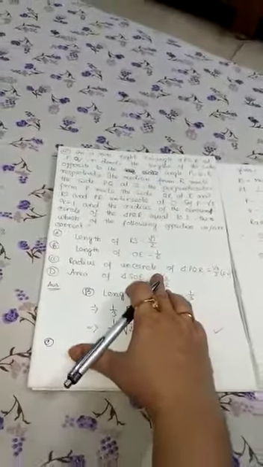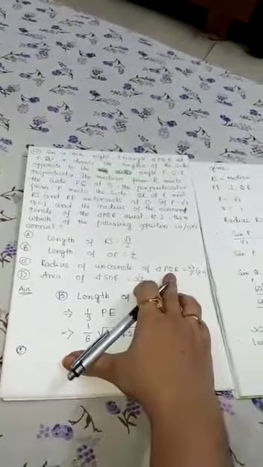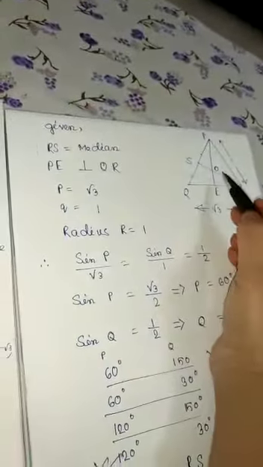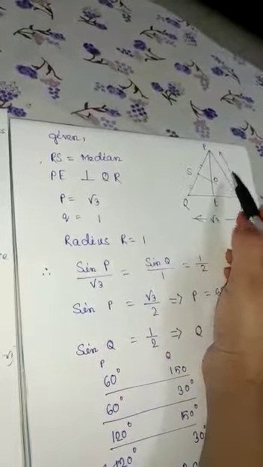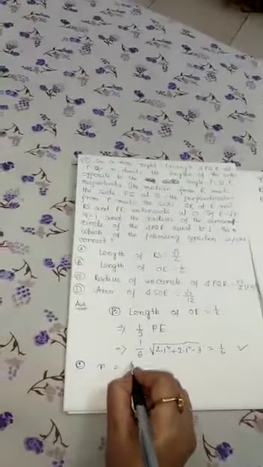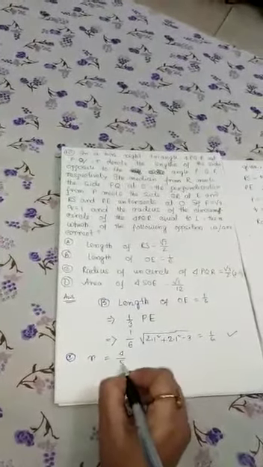Now option C: the radius of the incircle of triangle PQR is equal to root 3 by 2 into 2 minus root 3. O is the centroid. The inradius is r equal to delta by s.